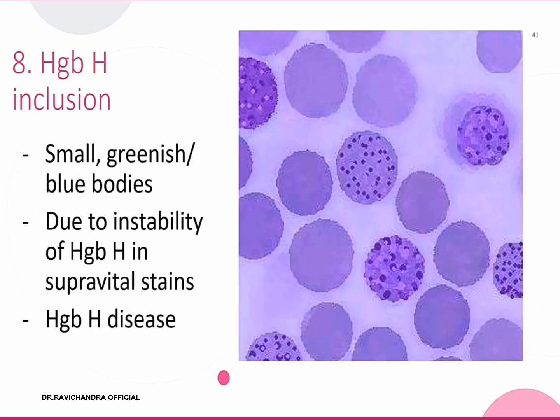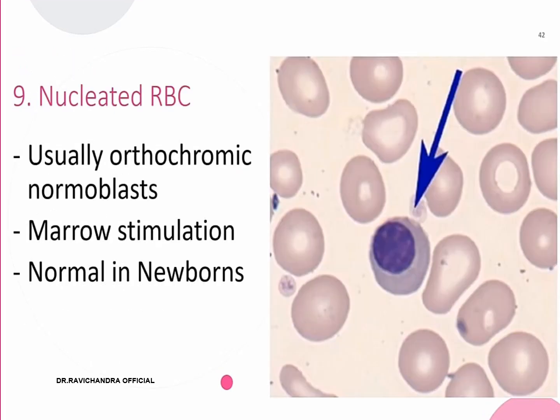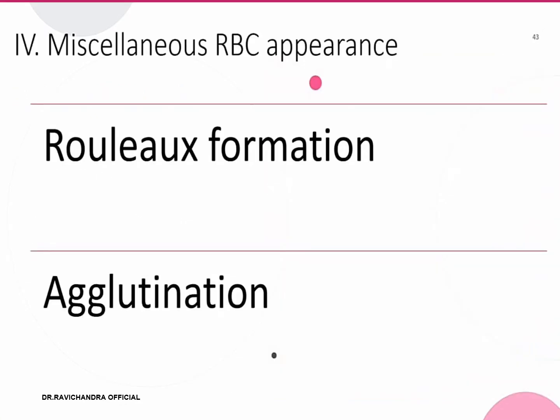Hemoglobin H inclusions are small greenish or bluish bodies formed due to instability of hemoglobin H in the supravital stains, seen in hemoglobin H disease. Nucleated red blood cells. These are normoblasts or orthochromic normoblasts seen in marrow stimulation and normal in newborns.